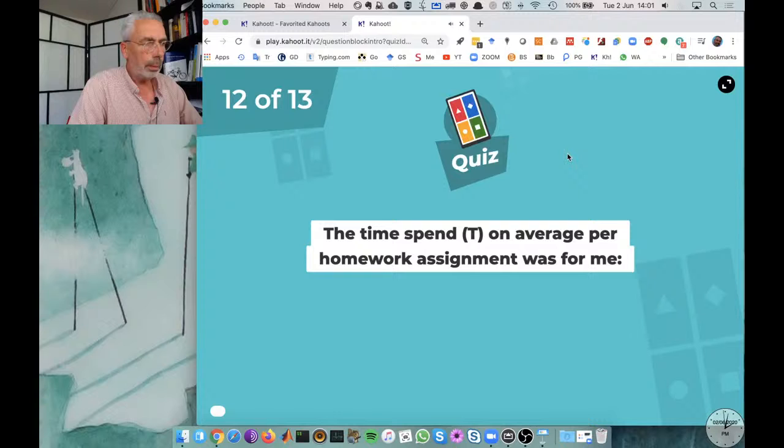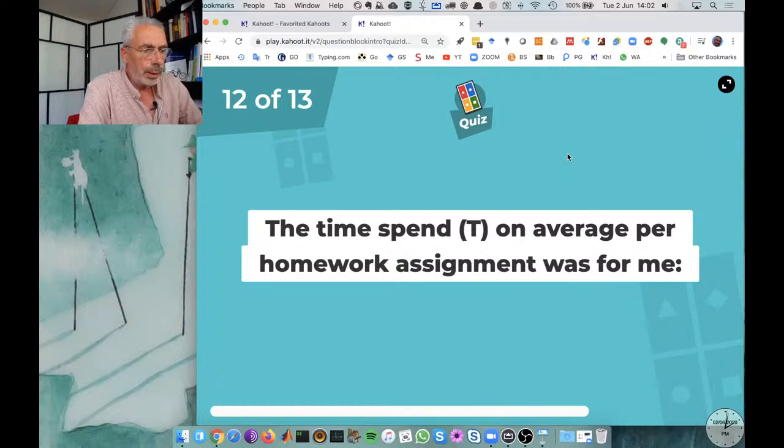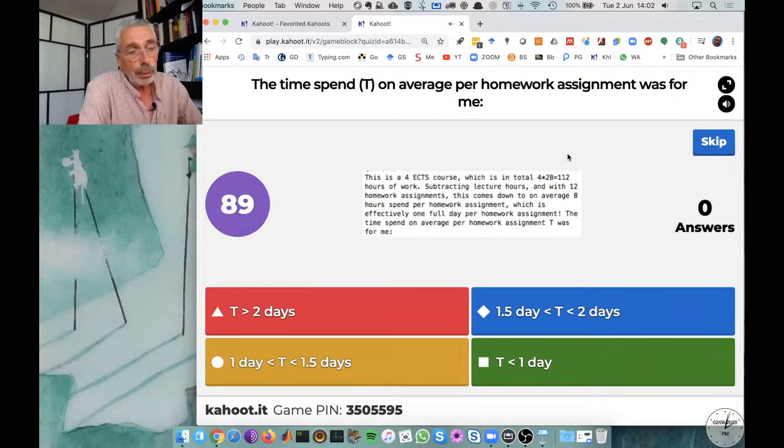Okay, where are we? The time spent on average on the homework assignment was for me, so you have a little bit more time because you have to do the math. It's 4 ECTS and 4 times 28, it's a total of 112 hours. If we divide it by 12, then on average we have 8 hours a week, 8 hours per assignment. So the idea is that you spend like a day on the assignment on average, a little bit more, a little bit less.